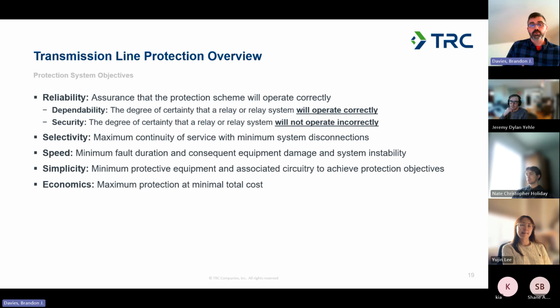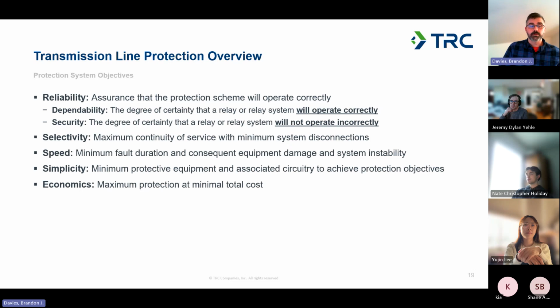But reliability is broken into two components: dependability and security. Dependability is the degree of certainty that a relay or system of relays will operate correctly. So when there's a fault on the line, the relay will detect that and issue a trip command to isolate the problem. The flip side of that is security, which is the degree of certainty that the relay or relay system will not operate incorrectly.